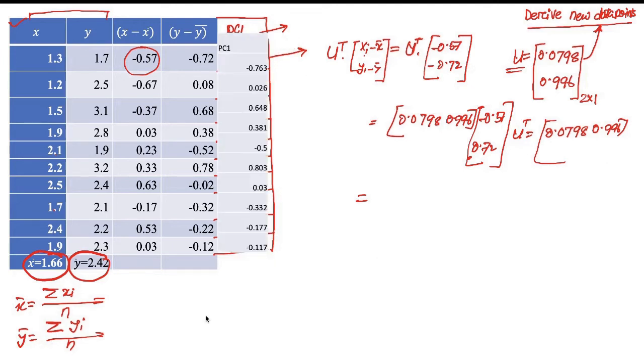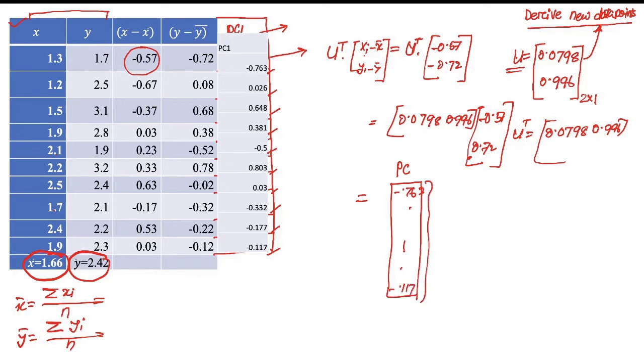Other components are also calculated, and the new values of the principal component are: the first value is 0.763, minus 0.763, 0.026, 0.648, and so on, all the values starting from minus 0.763 till minus 0.117.